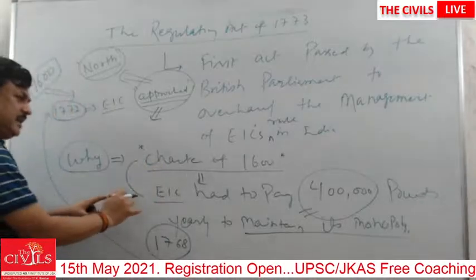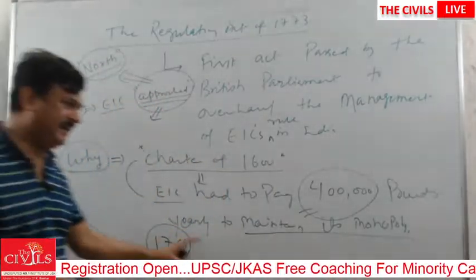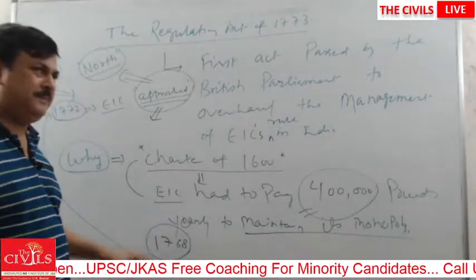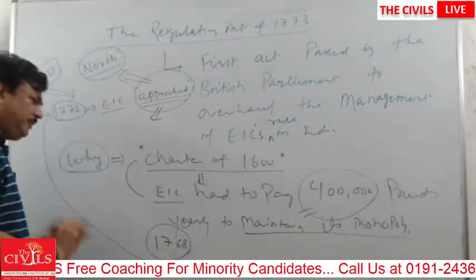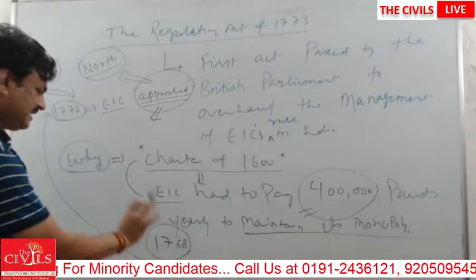According to the charter, the company had to pay 4 lakh pounds every year to maintain its monopoly over the Eastern world, but the company failed. The company was not paying this amount since 1768.